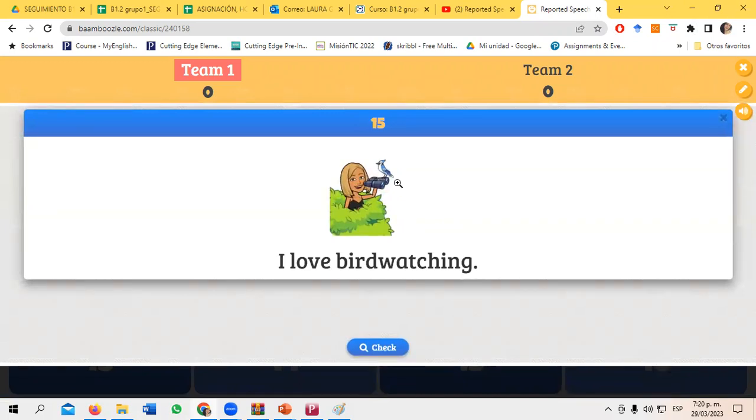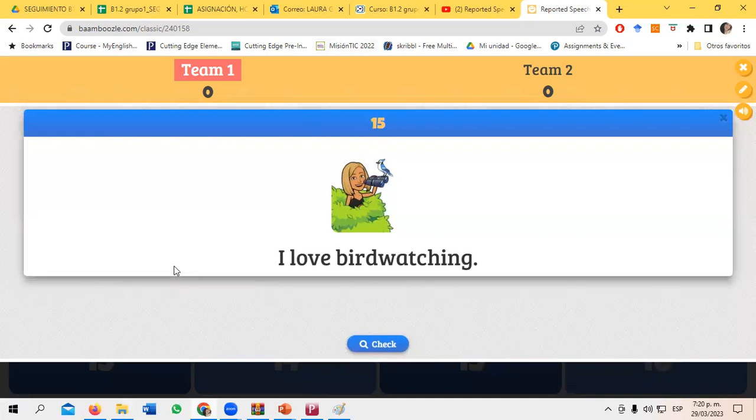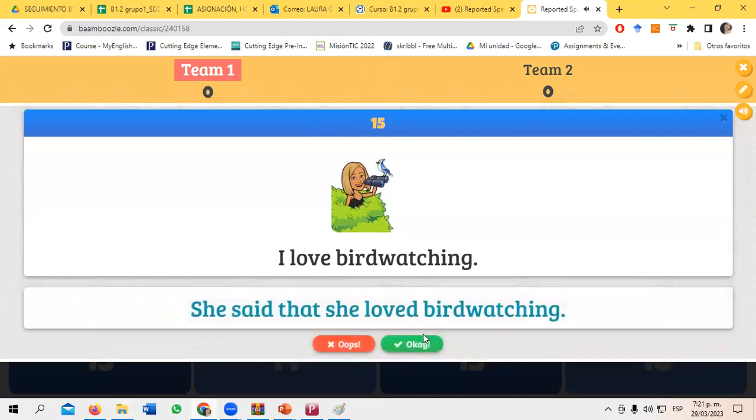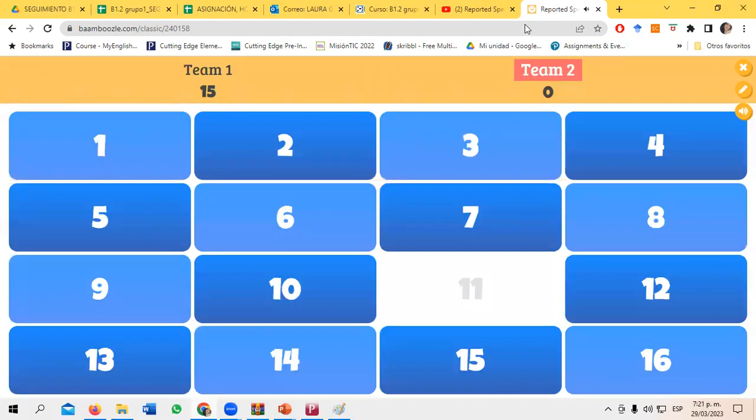Bird watching no es un verbo. Ahí sería el avistamiento de aves. I love bird watching. Okay, sería, she said that she loved bird watching. Yes, she said that she loved bird watching. Yes, very good. Okay, group number 2.